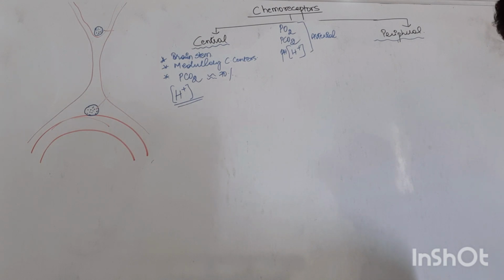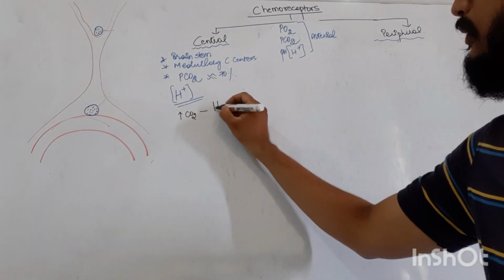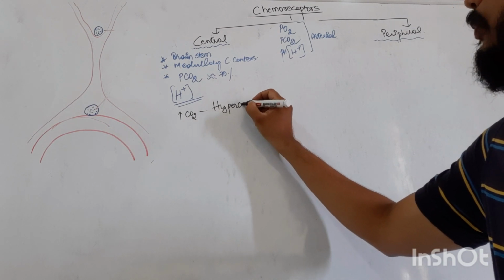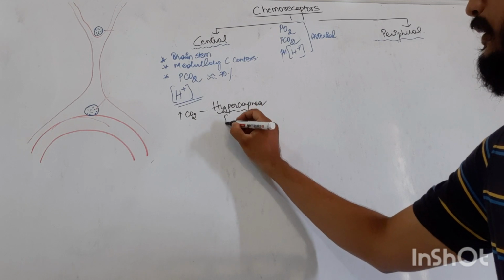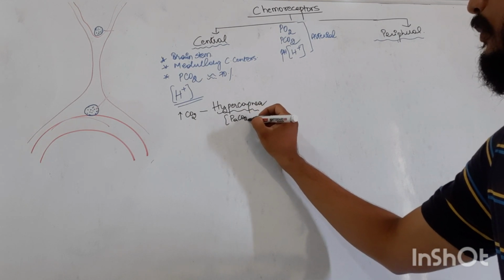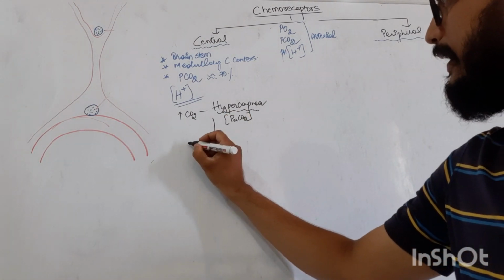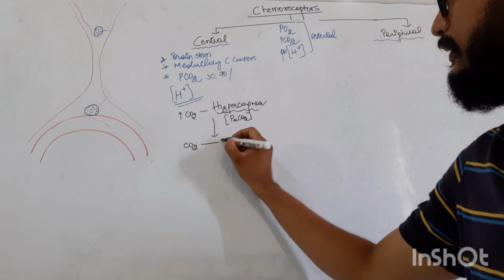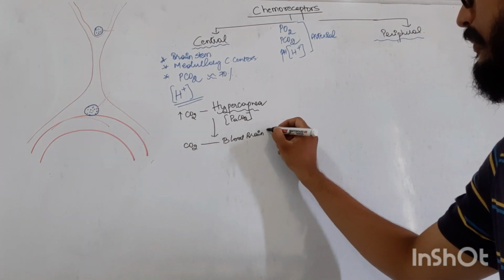So what do you mean by it? Whenever there is increased carbon dioxide, which we call hypercapnia, that is increased partial pressure of carbon dioxide on the arterial side, the carbon dioxide can pass the blood-brain barrier.